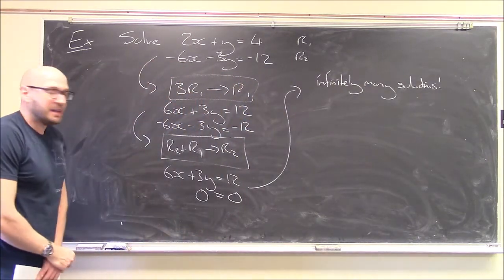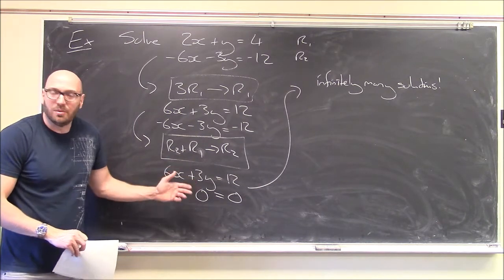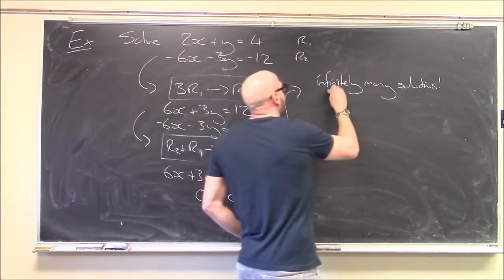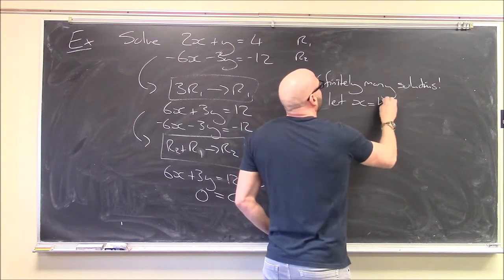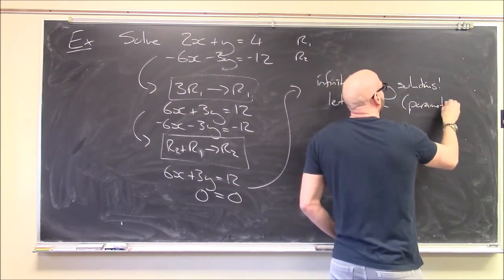And the way you usually write them is you say, well, how about I let x be some number. Say, let x be k. Let x equal k. So k is usually thought of as the parameter.